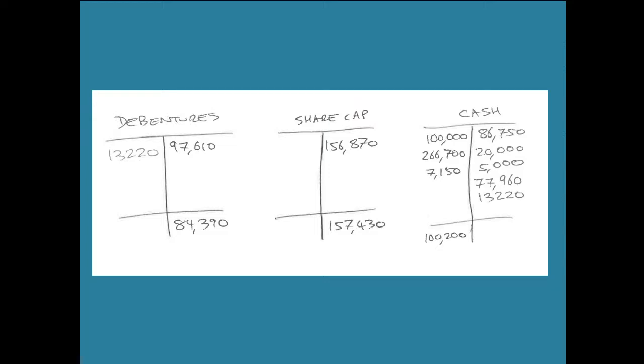If you really want to, you can do T accounts for those. And because I'm going to do it in the longhand, we'll actually do that. So with debentures, really quickly, debentures move from 97,610 and they end up at 84,390.